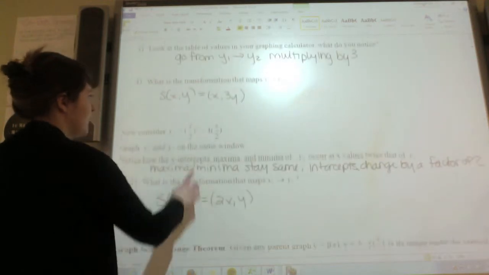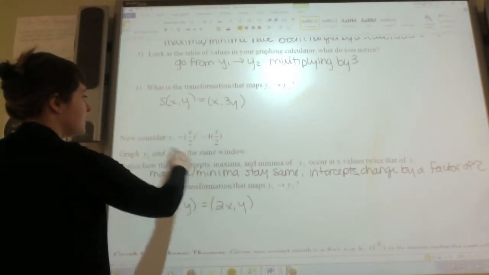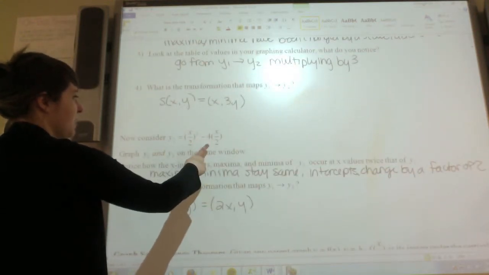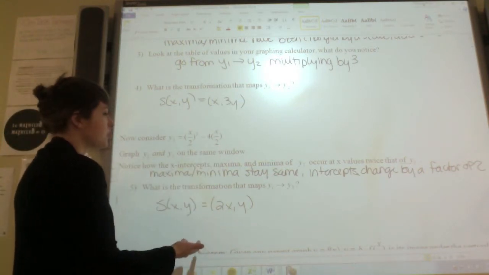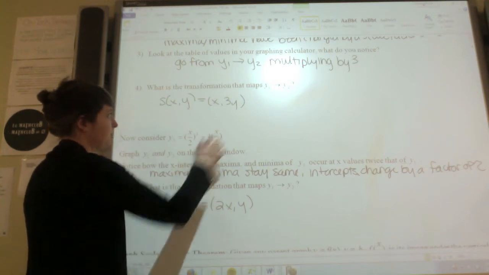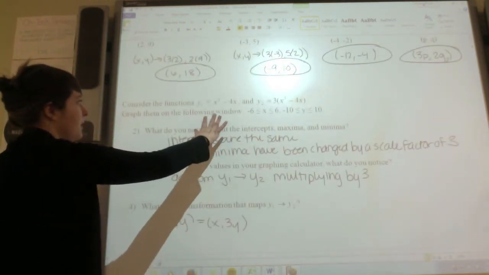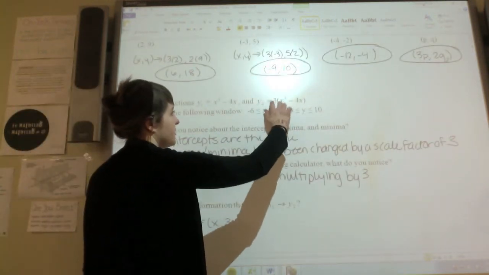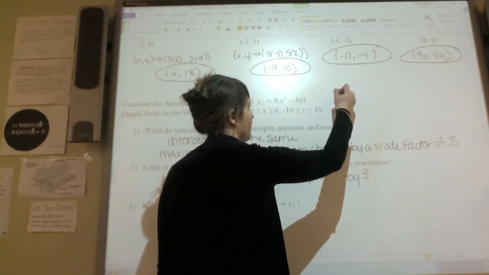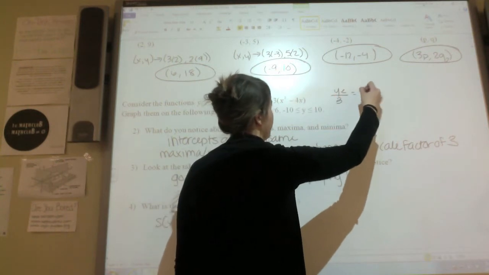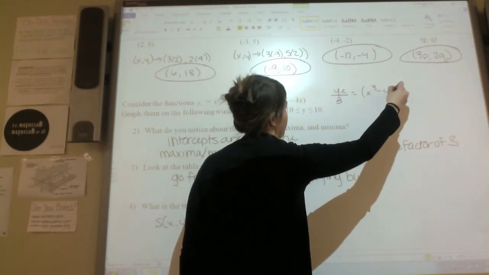So if I look at this function here, inside my function I was dividing my x by 2, which is why in my scale change equation I multiplied x by 2. And over here, in this one, if I were to rewrite this, this would be y2 over 3 equals x cubed minus 4x.